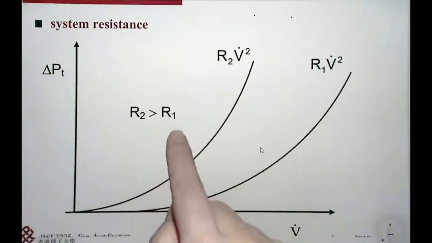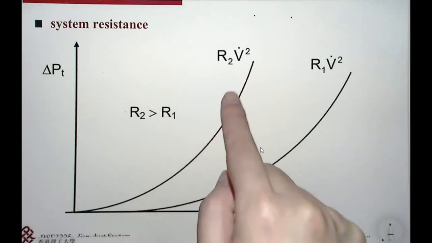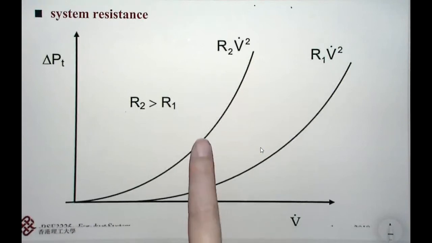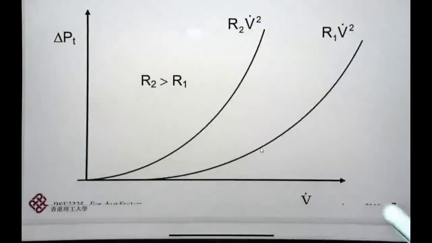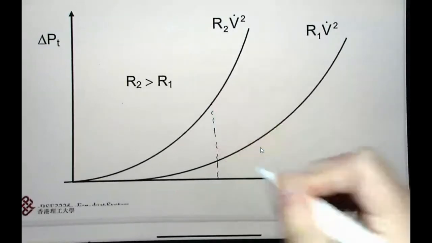Since R2 is larger than R1, at the same airflow rate the value on this curve will be larger than the corresponding value on the other curve.